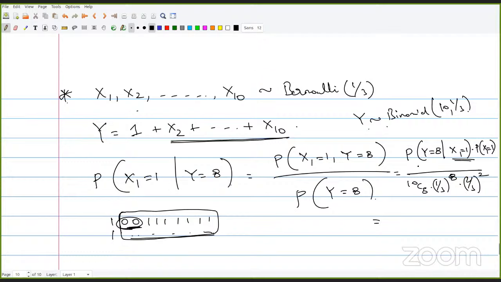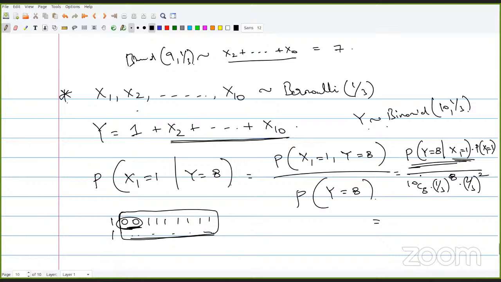Now this whole thing converts to X2 plus and so on up to X10 taking value 7. This follows binomial 9 comma 1 by 3. Getting the point?